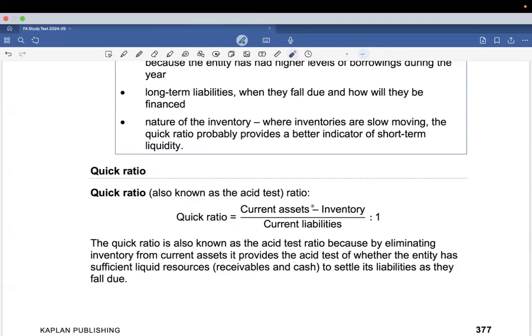Inventory could only become cash if there is a sale, right? So from the current assets, you take away inventory as well as prepaid expenses, because even though prepaid expenses are a current asset, they don't necessarily create a liquid asset. They won't necessarily put cash in your hand.